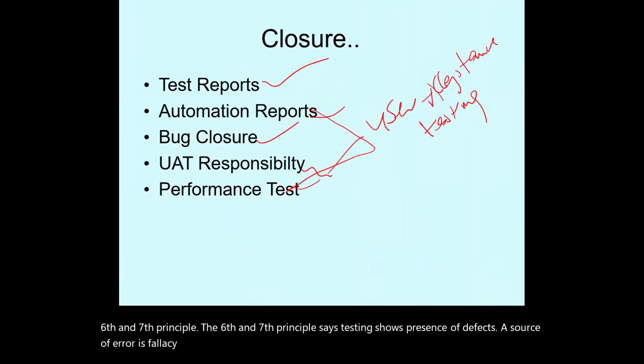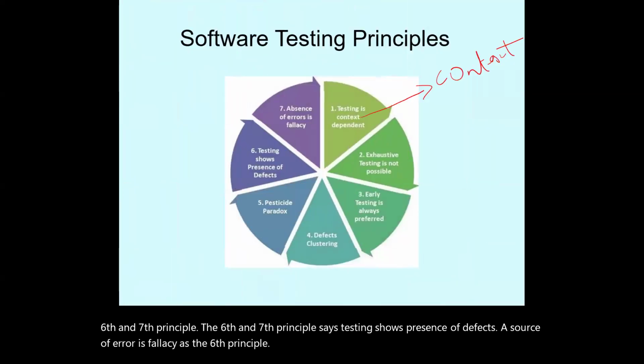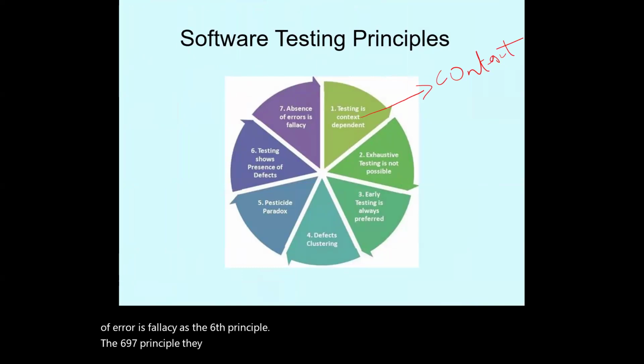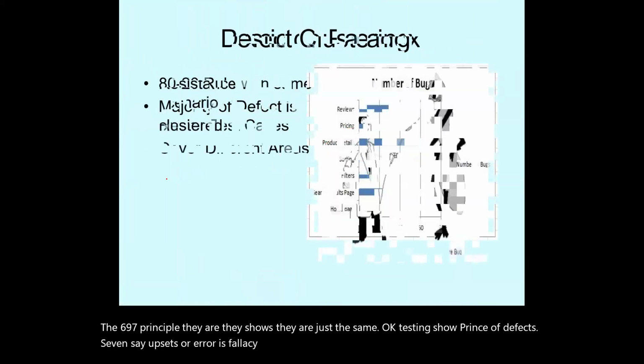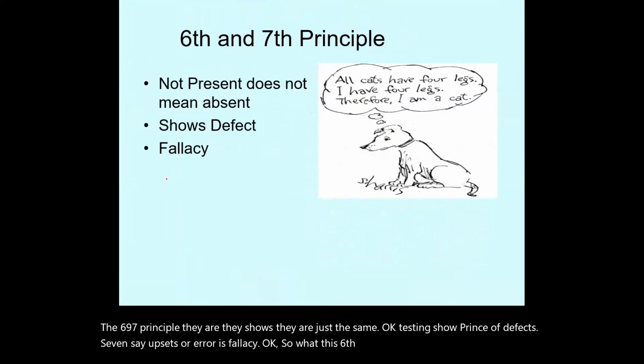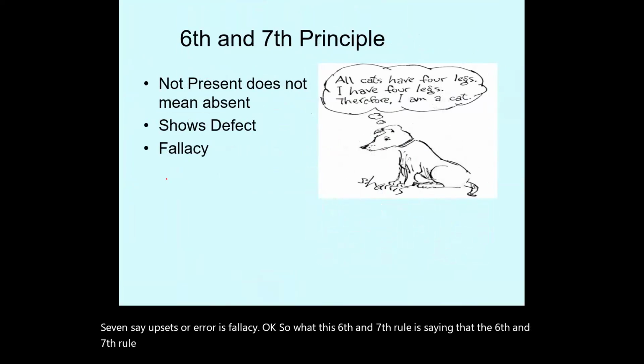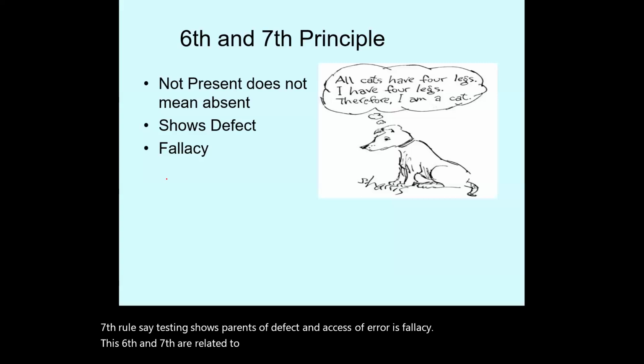That's the 6th principle, and the 7th says absence of error is fallacy. These 6th and 7th are related to each other. Not present does not mean absent.